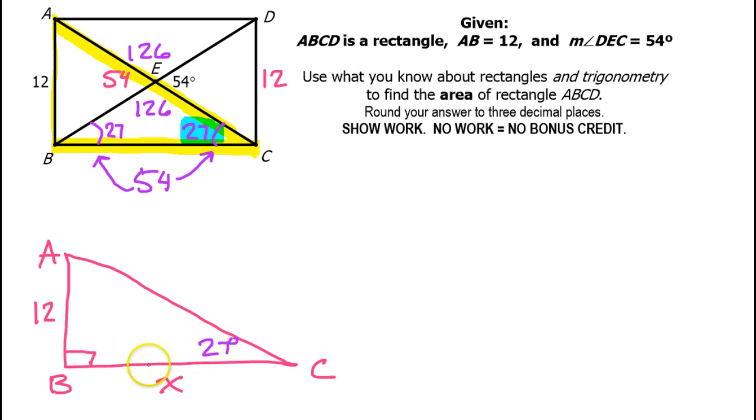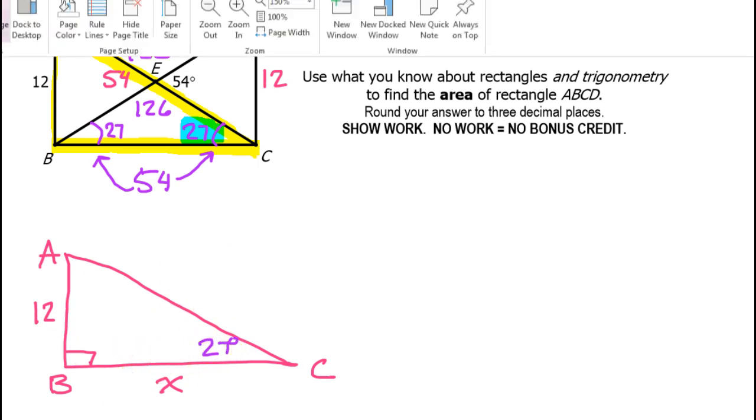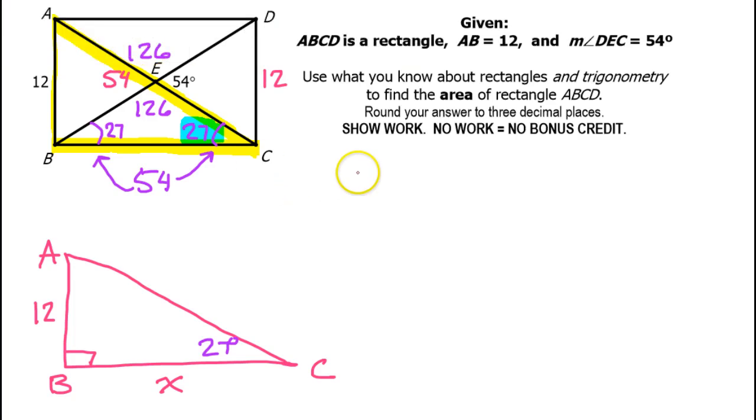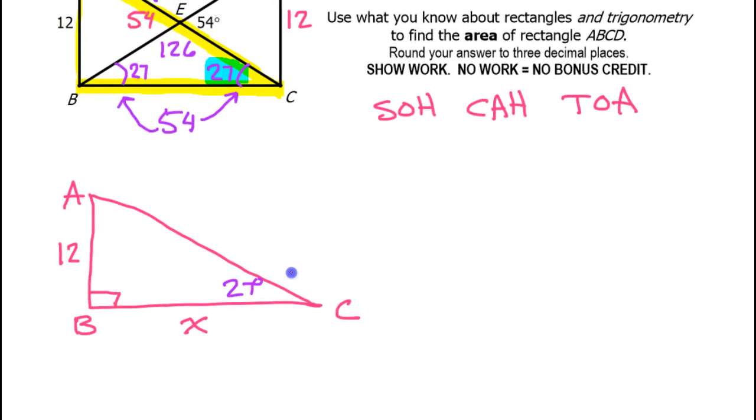So I can solve this problem using Sohcahtoa, sine, cosine, or tangent. So that's what I'm going to do. Now, I know that this is the hypotenuse, and if I draw an arrow away from the angle, that's going to always point at the opposite leg.